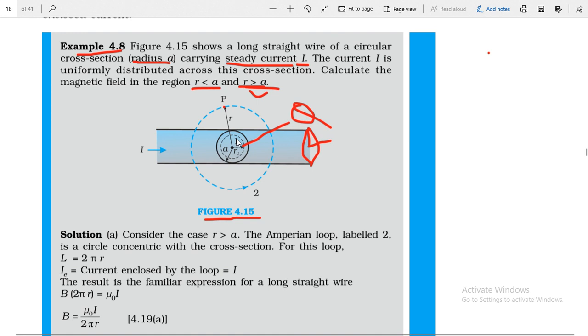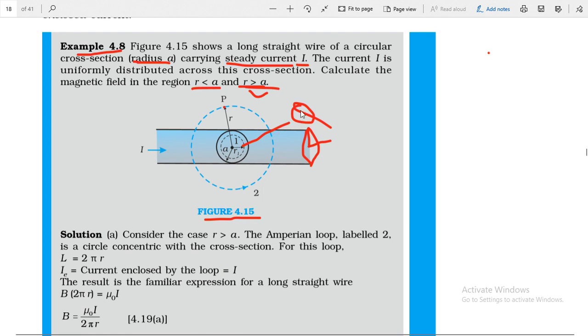You can see the circle represented by the dotted line is smaller than the circular cross section of the wire. So it means this point Q lies inside this conductor. I hope you understand this figure 4.15.